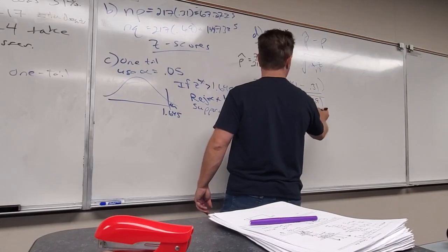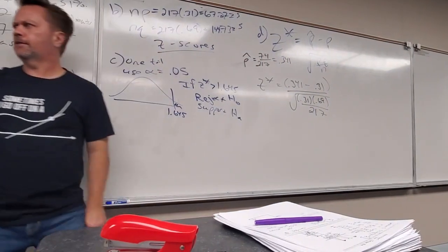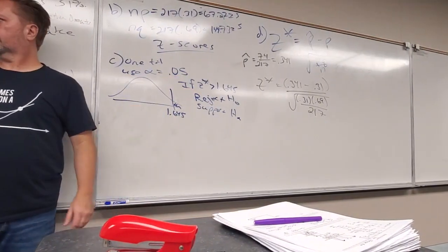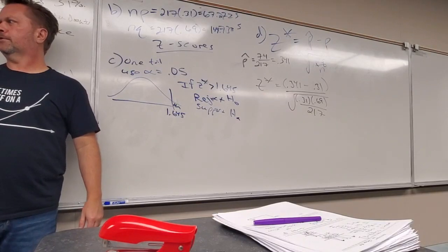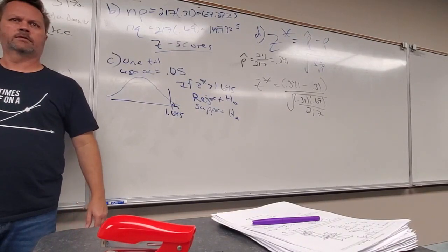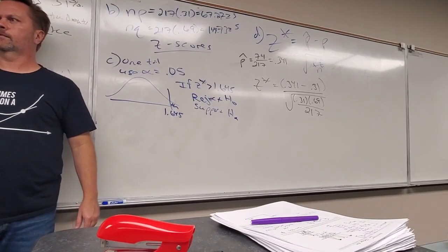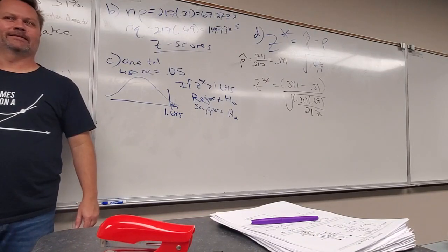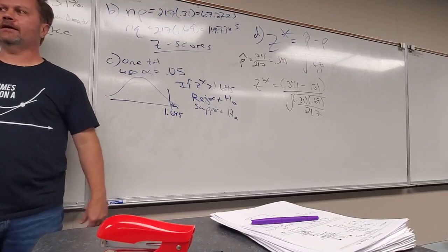What was it, 217? I don't know if you guys can see that over there. I don't like these long rooms. If you can see it, we're all good. All right, I'll wait. You guys plug it in a calculator. I'll do it too.